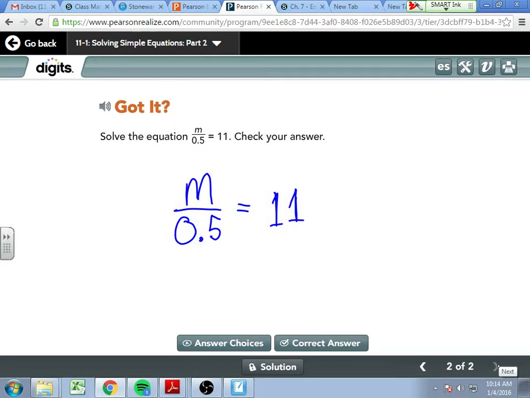What's happening to the variable? It's being divided. It's being divided by? 0.5. Exactly. So Peyton, that means we multiply by 0.5 on both sides. I can show it as a fraction if I want to. That then gives me that my m value must equal, Zach? 5.5.